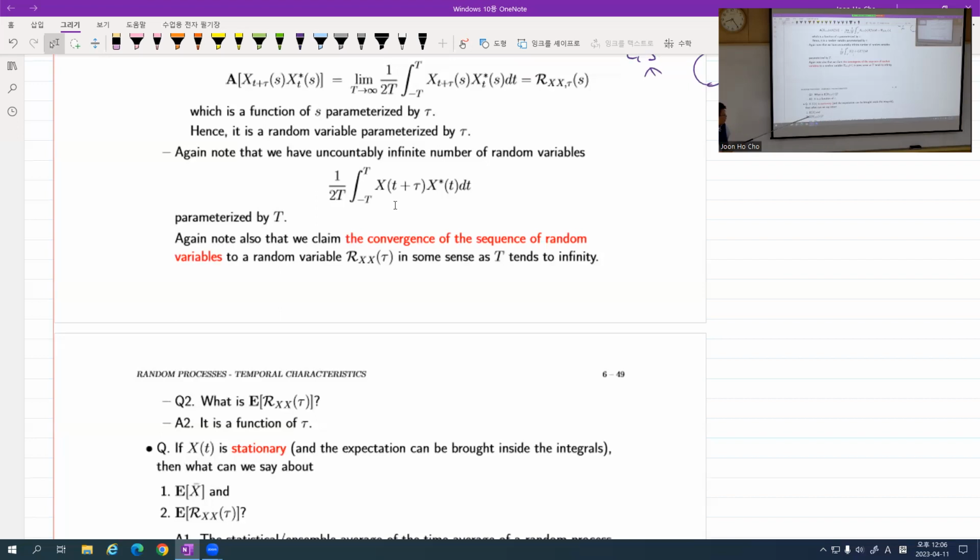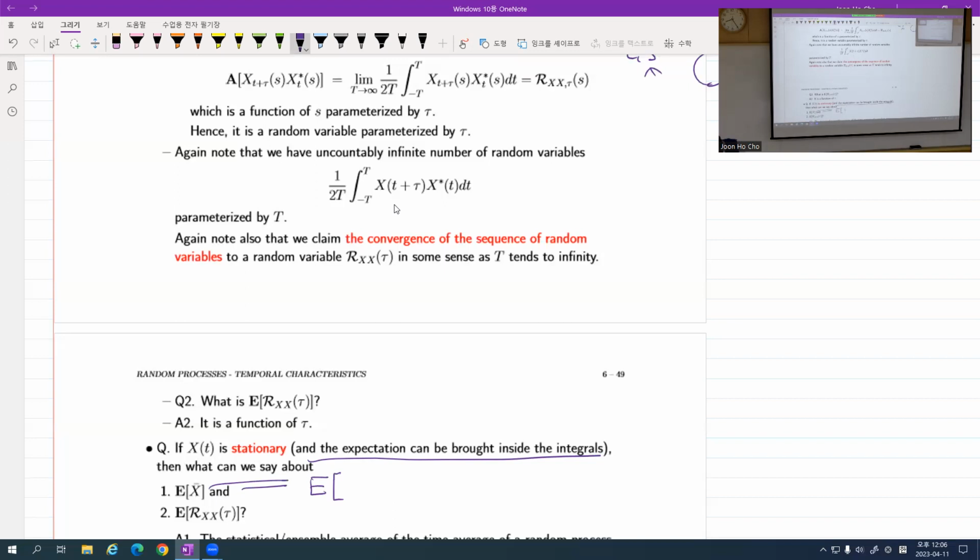Anyway, so let me ask you, what is this one and what is that one? What can we say about the expectation of X bar? By the way, what was X bar? Time average of a random process. So what is the expectation of the time average of the random process? And what is the expectation of the time autocorrelation over a random process? What can you say? So let's just use this hint. So let me first rewrite that one. What is that?